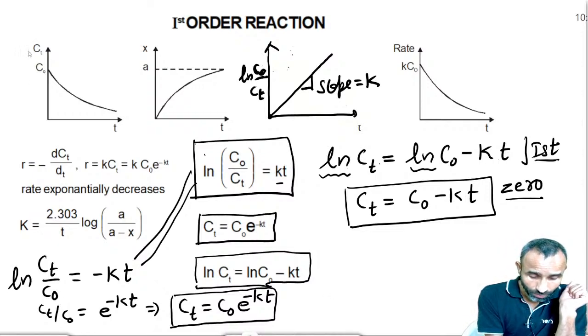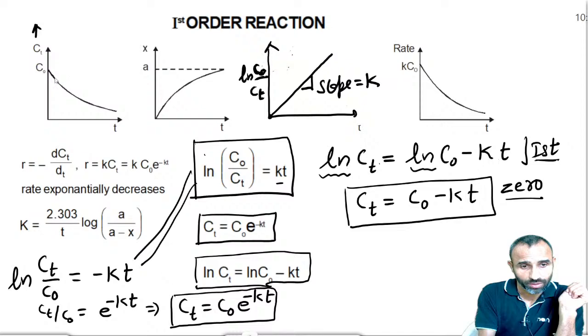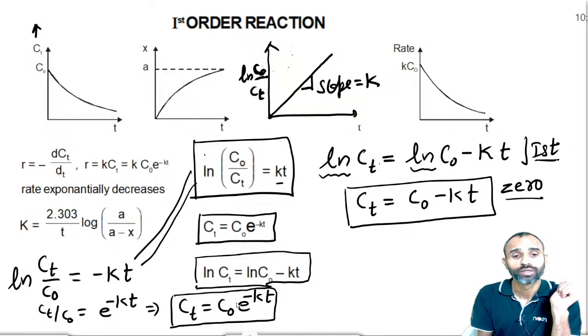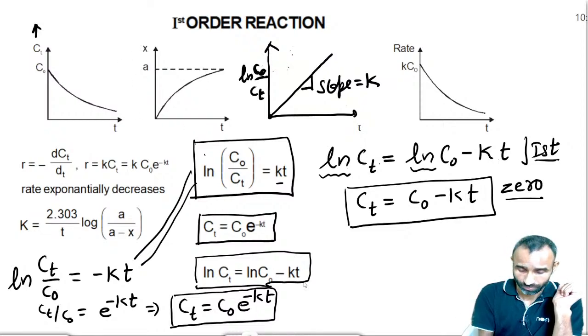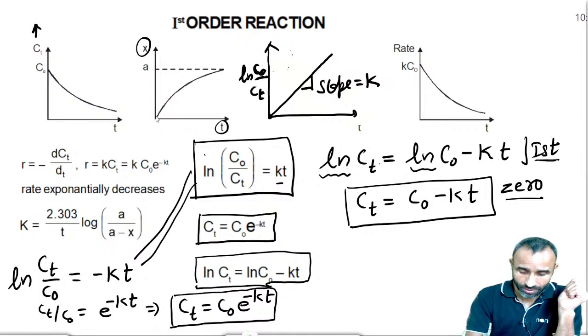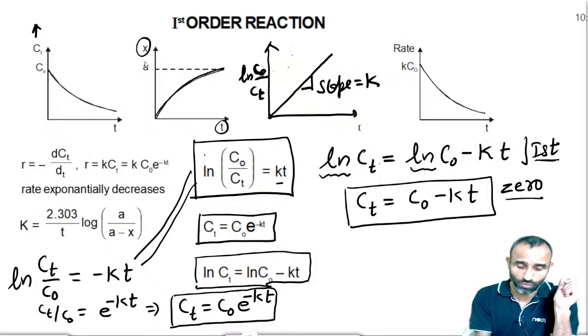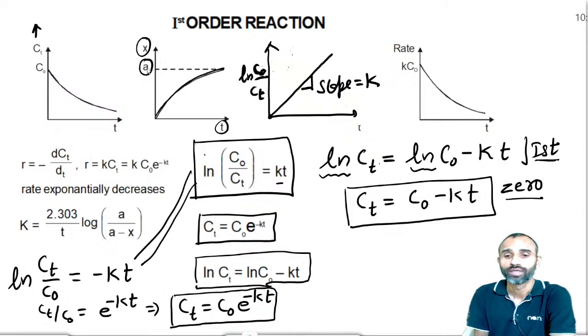Now, if we plot Ct versus time, concentration exponentially decreases, and if we plot x versus t, amount of reactant consumed, that is increasing, reaches a maximum value of a, that is the initial concentration of the reactant.